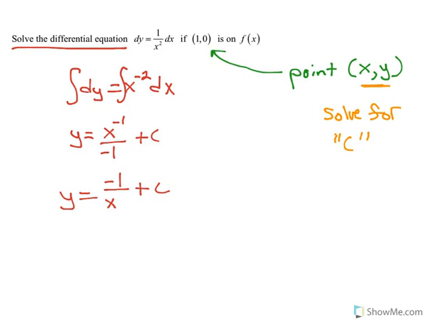And right here we have what they would consider to be the general solution, but we have some more information. We know that our ordered pair x comma y is going to be 1 comma 0. So when x is 1, y is 0. So we can plug that in. So y is 0 when x is 1.